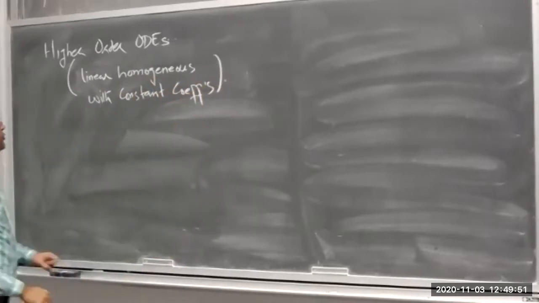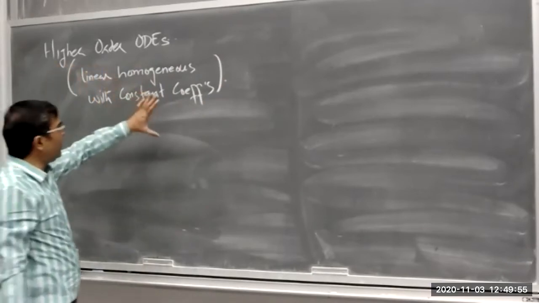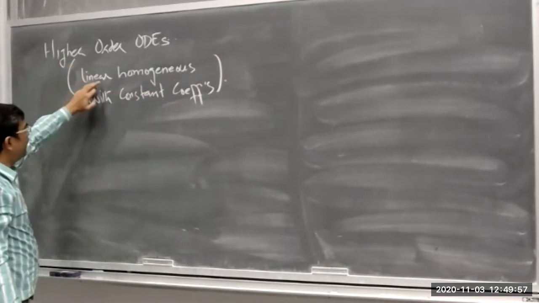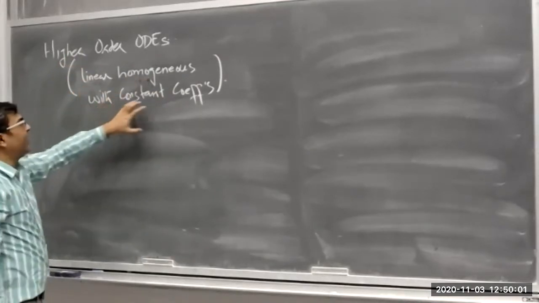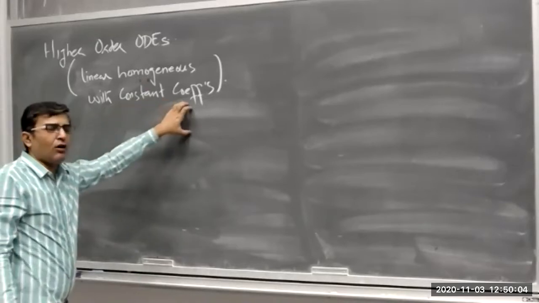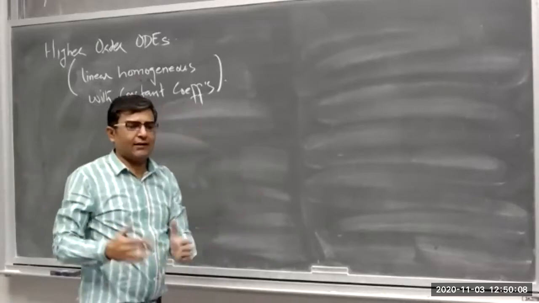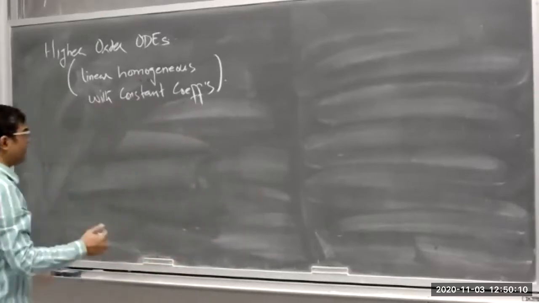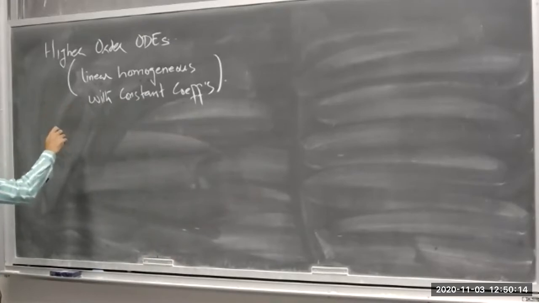So we are going to discuss now how to solve higher order ODEs which are linear as well as homogeneous, and the coefficients of the derivative terms, which are a1 of x, a2 of x, and so on, an of x, they are constants.